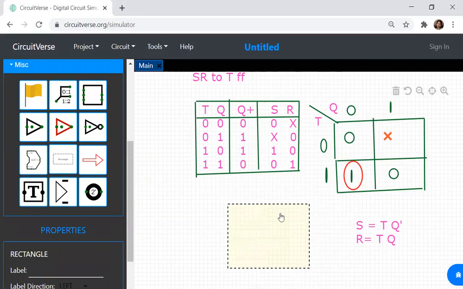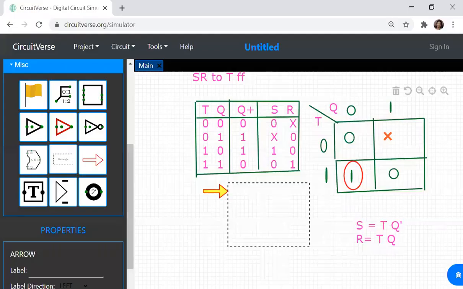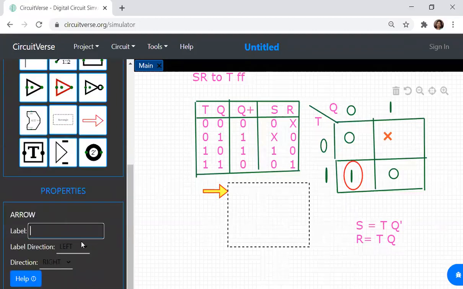I have to convert it into a T flip-flop. So now this is an SR flip-flop I have. This is my S. Let me label it as S, which is already existing, which I have to convert into a T flip-flop.